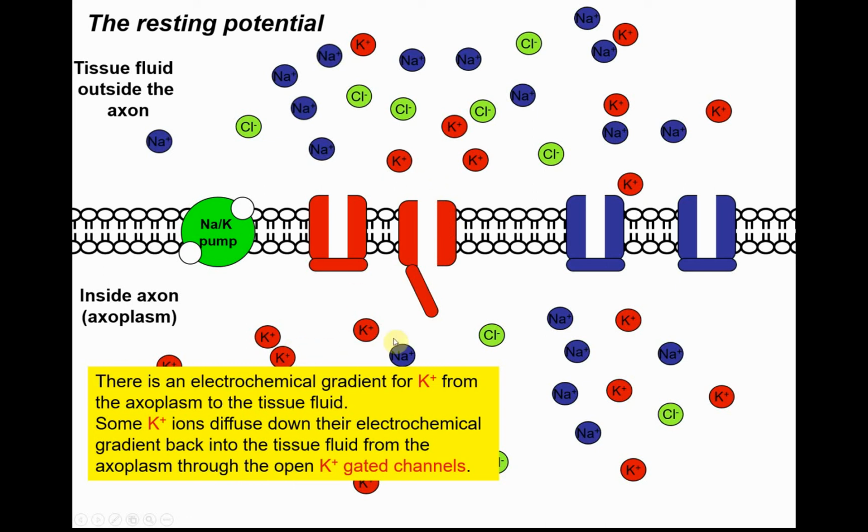It won't eventually go back to equilibrium, because remember, it's also positively charged out here now and negatively charged here. So actually this movement down the concentration gradient is being counteracted by the charge. They're sort of cancelling each other out a little bit. Okay, but some potassium ions will diffuse out down their electrochemical gradient into the tissue fluid, because some of the potassium gated channels are open.